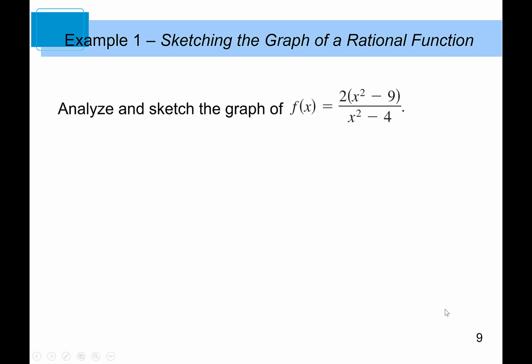Okay, let's take a look at this example, sketching a graph of a rational function. Analyzing and sketching the graph of f of x equals 2x squared minus 9, that's the numerator, over the denominator, x squared minus 4. So first thing, let's find the first derivative. In this case, we're going to use the quotient rule.